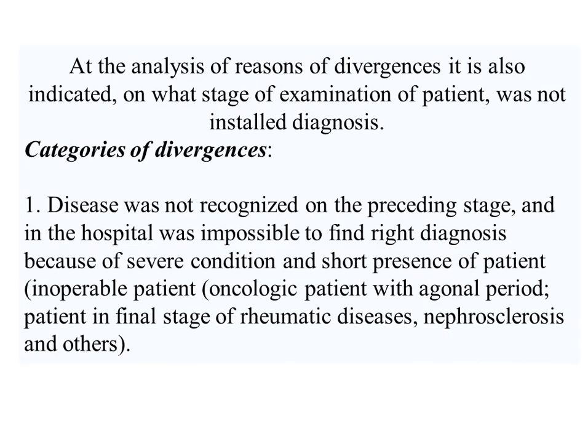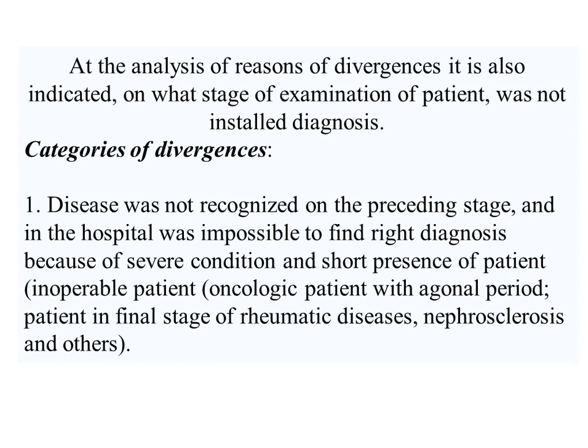At the analysis of the reasons for divergences, it is also indicated at what stage of examination of the patient the diagnosis was not established. Categories of divergences are classified into three.